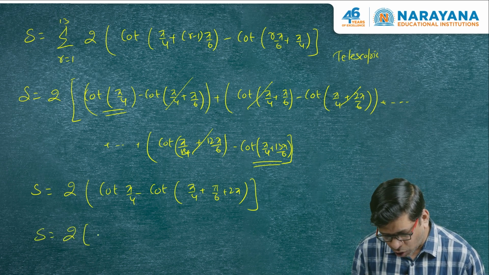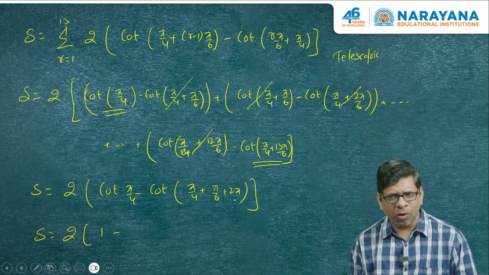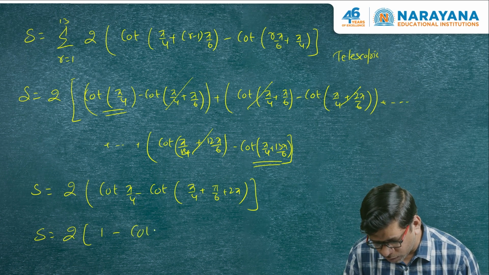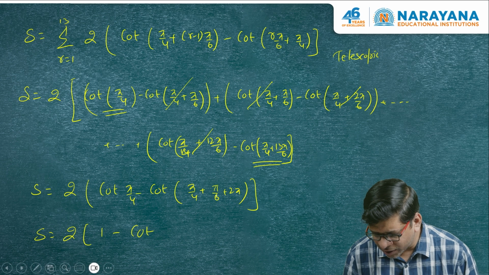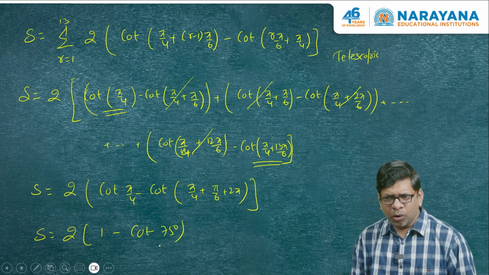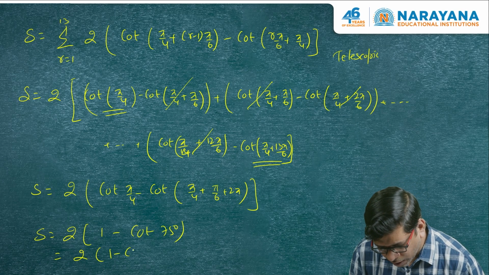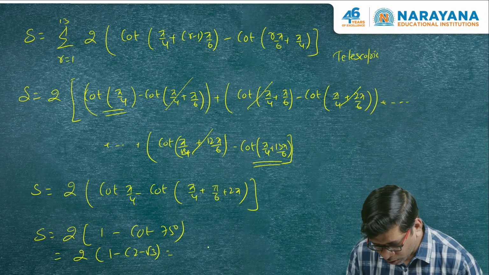So 2 times cot pi by 4 is 1 minus cot of 2 pi plus theta, which is cot theta. So this becomes cot of 45 degree plus 30 degree, which is 75 degree. What is cot of 75 degree? 2 minus root 3.